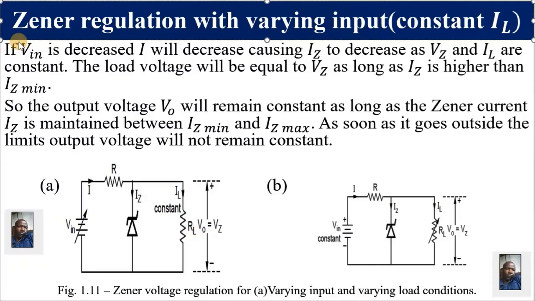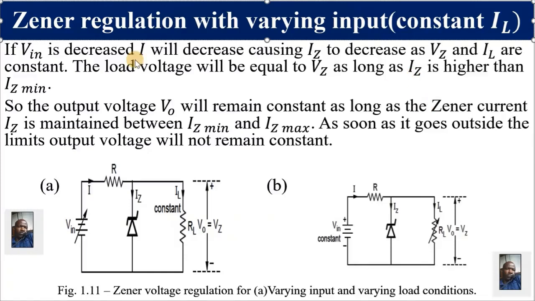And we are saying this condition, if Vin decreases, it means that our supply current I is going to decrease, and this is going to decrease IZ, because IL must be constant since VZ is a constant. So we are saying the load voltage will be equal to VZ as long as IZ is higher than the minimum Zener current.